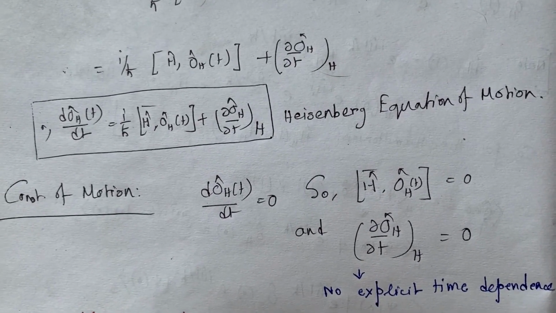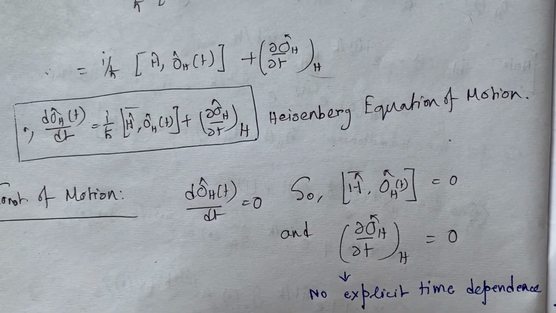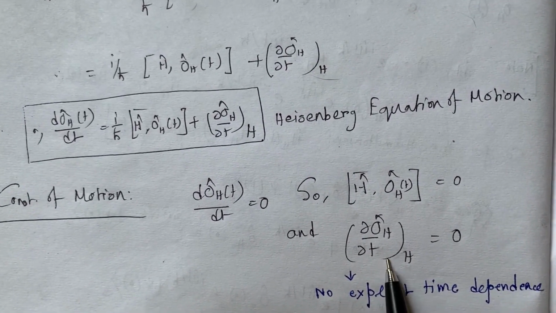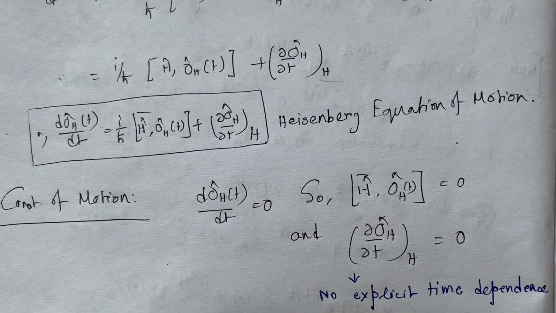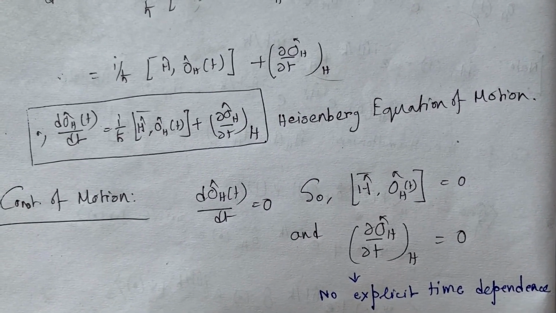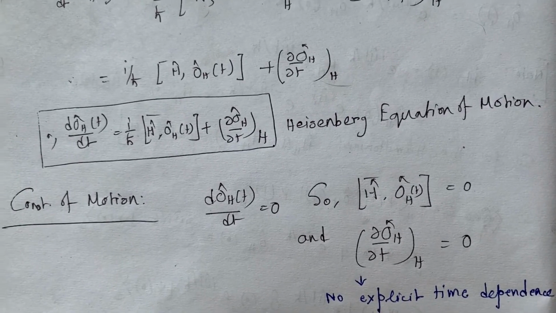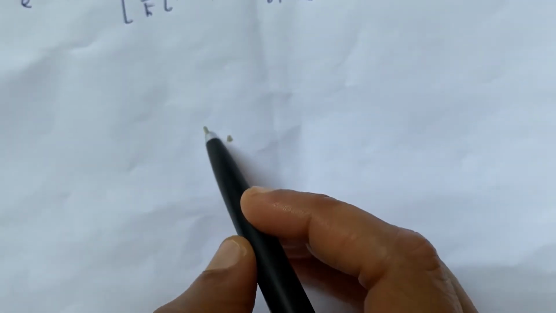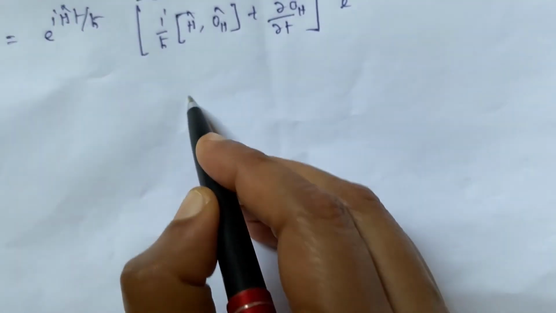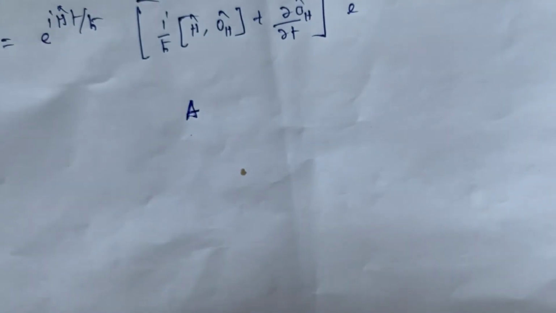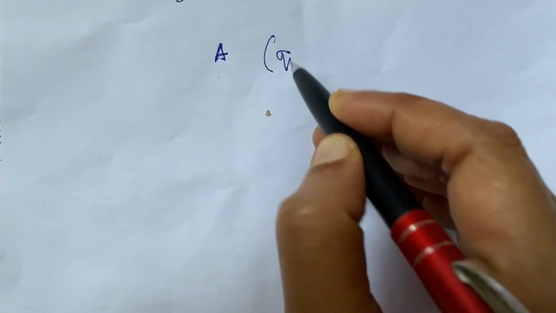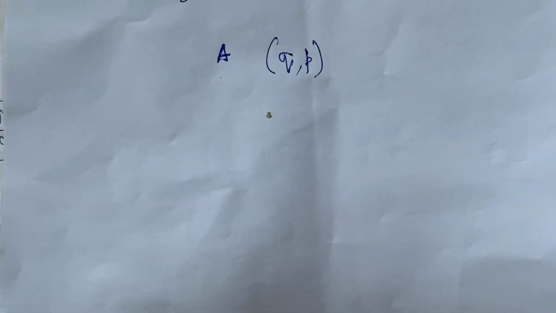Now we have an analogy of this Heisenberg equation of motion in classical physics, where we call this the Poisson bracket. Suppose we have a variable A in classical physics, which is a function of a generalized coordinate and generalized momentum.